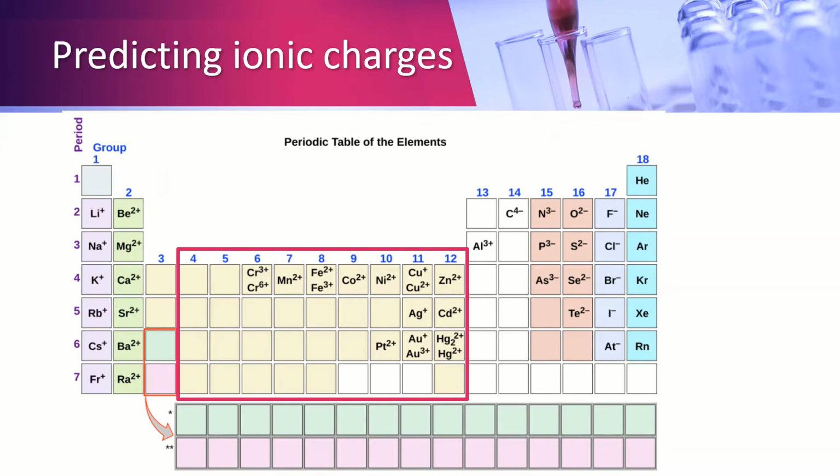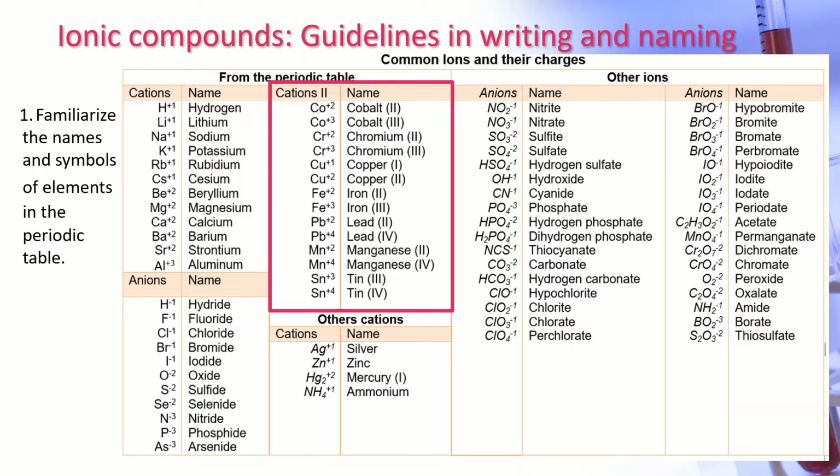For transition elements, as discussed in my previous video on periodic table, most of them have more than one positive charge. Cobalt, for example, has charges +2 and +3. It will be written as cobalt Roman numeral 2 and cobalt Roman numeral 3.